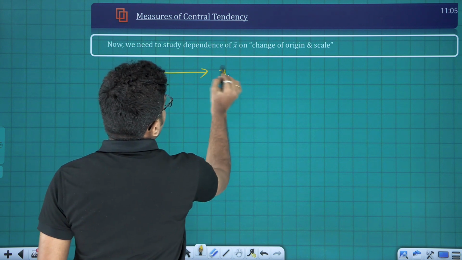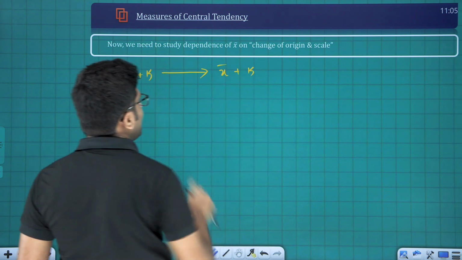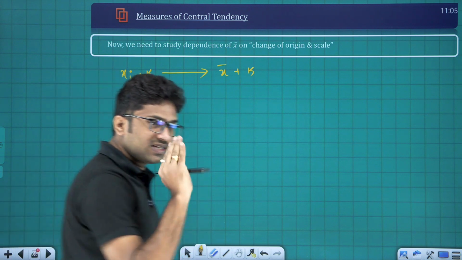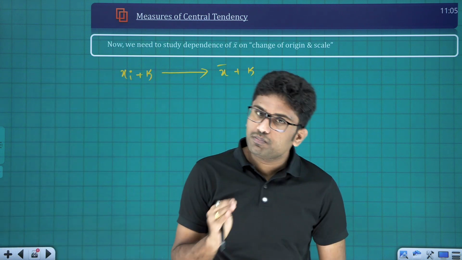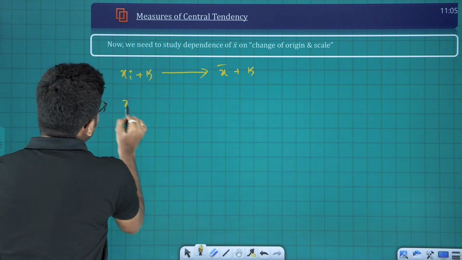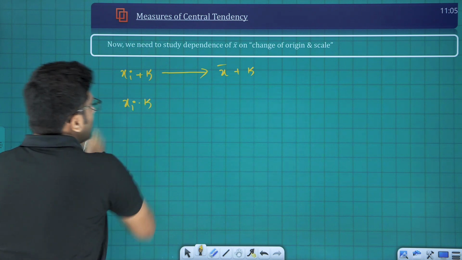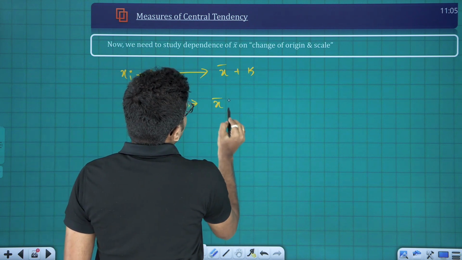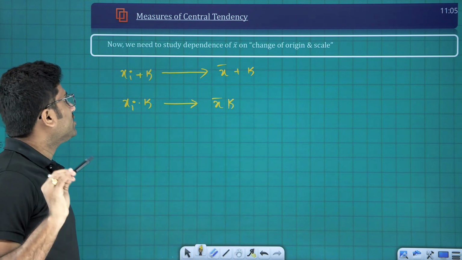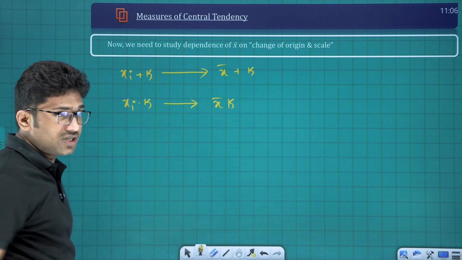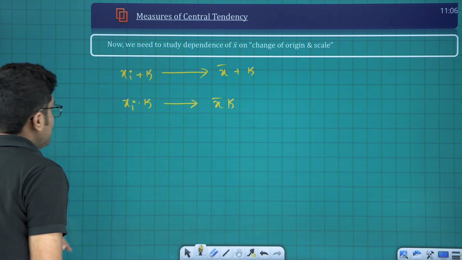The mean will also be increased by the same constant k. Clear? So if each observation is added to by a constant k, then the mean will also be added to by the constant k. In the same way, if each observation is multiplied by k, then the new mean also will be multiplied by k. So this is how the mean changes with respect to the observations.